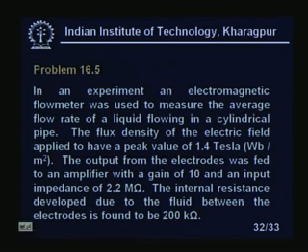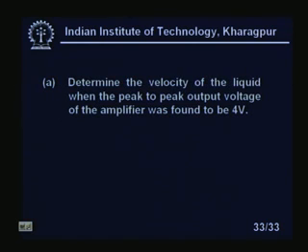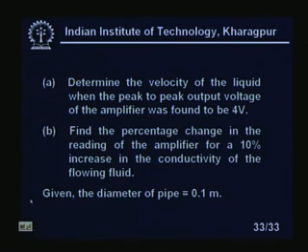The internal resistance developed due to the fluid between the electrodes is found to be 200 kilo ohm. Now, determine the velocity of the liquid when the peak to peak output voltage of the amplifier was found to be 4 volt, and find the percentage change in the reading of the amplifier for a 10% increase in the conductivity of the flowing fluid, given the diameter of the pipe as 0.1 meter.